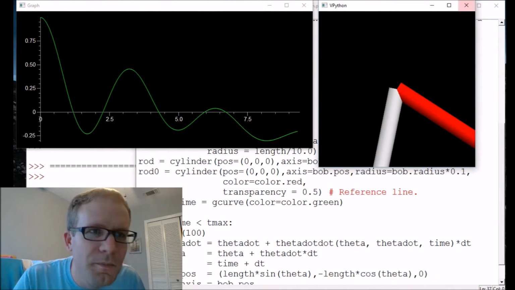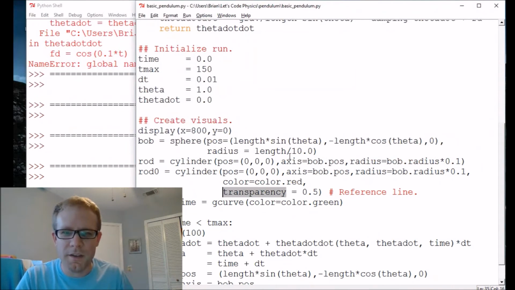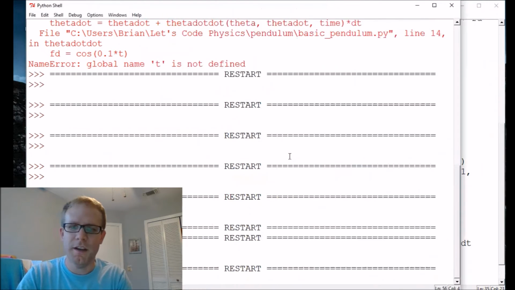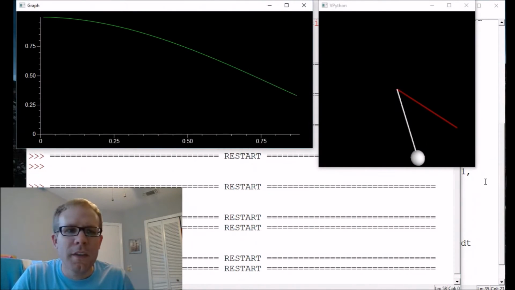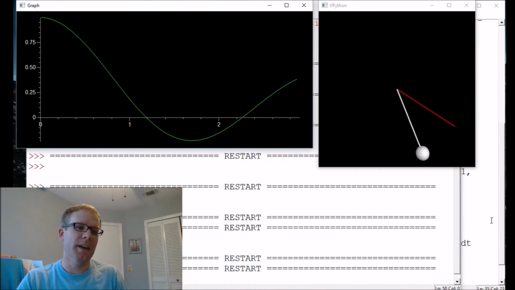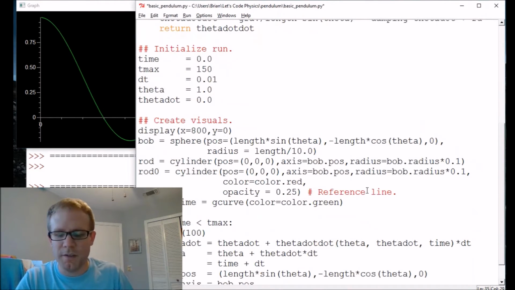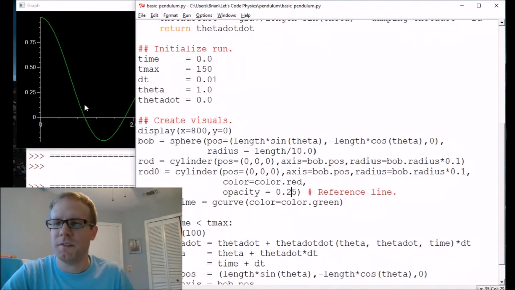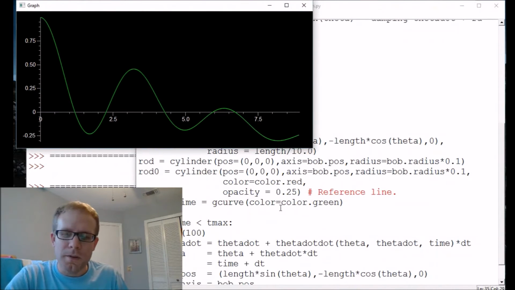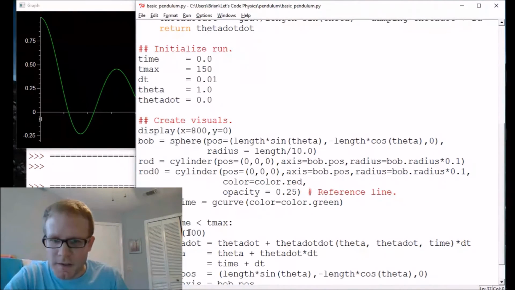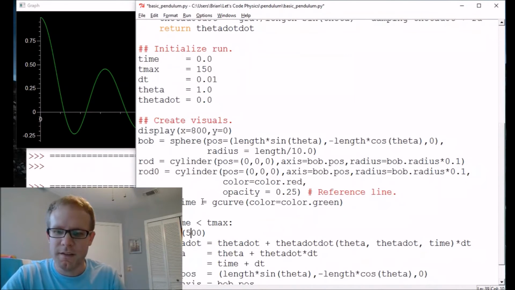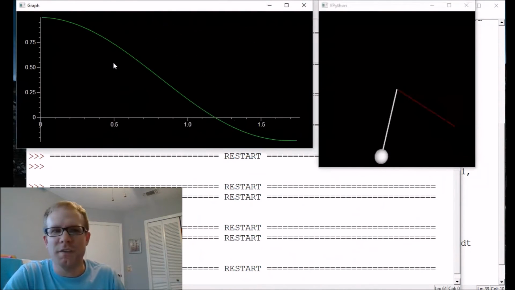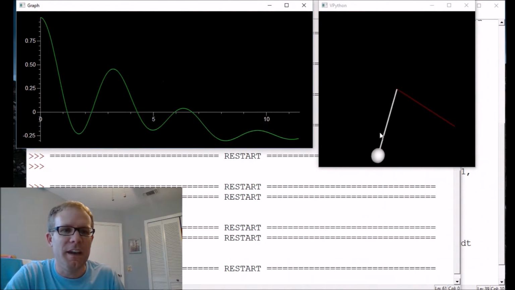No, that looks pretty opaque to me. Okay, I want this thing to have an opacity of 0.5. There we go. That's a bit better. Now we can remember that that's a reference line. In fact, let's even bump that down by another 50%. Cool. And actually, while we're tinkering, let's up the rate, because now we're more interested in the graph than we are in the animation.